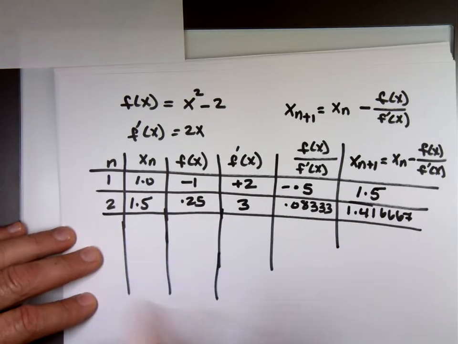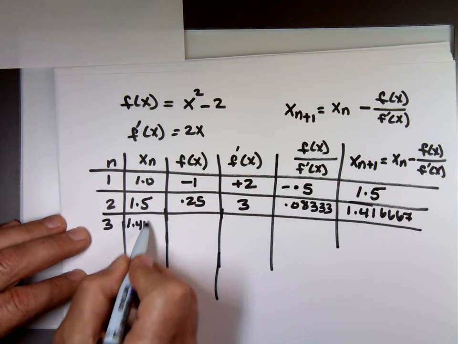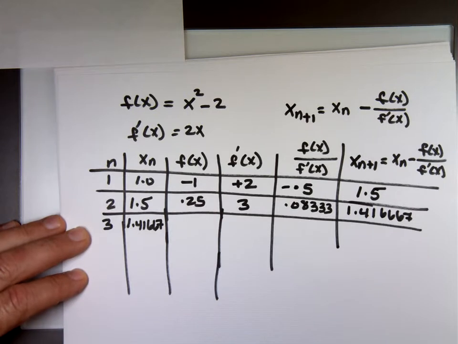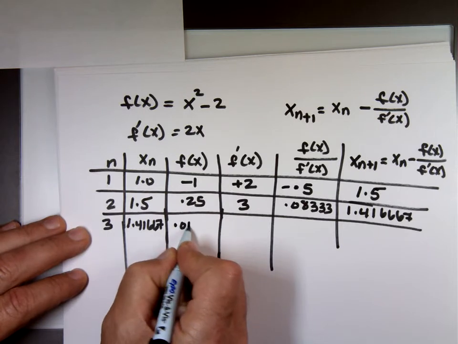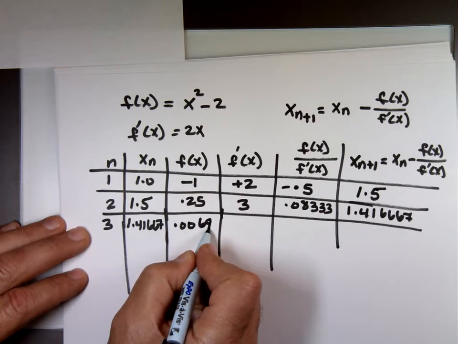Let's see if that number is good. 1.41667. Square it and plug it in. That's 0.00695.